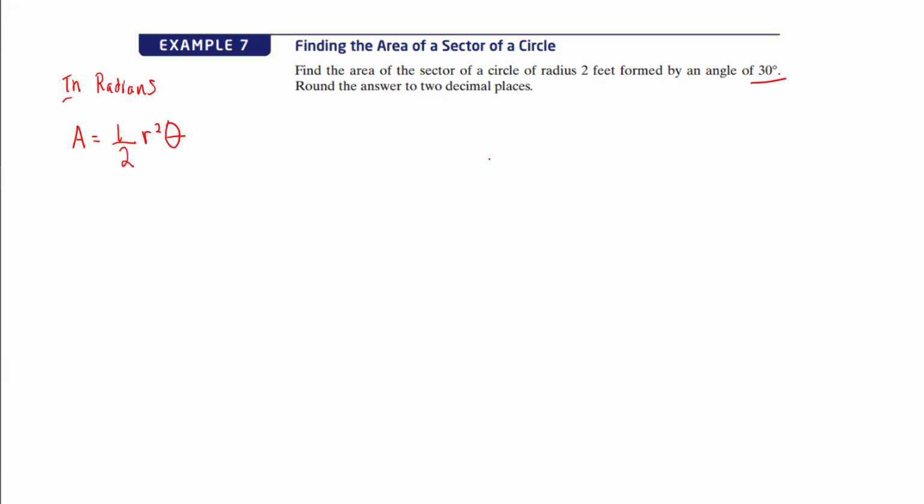So let's take this 30 degrees. And remember, to get the radians from the degrees, we're going to take it times pi over 180. Okay, so that's going to be equal to pi over 6 radians. Now we can use our formula.